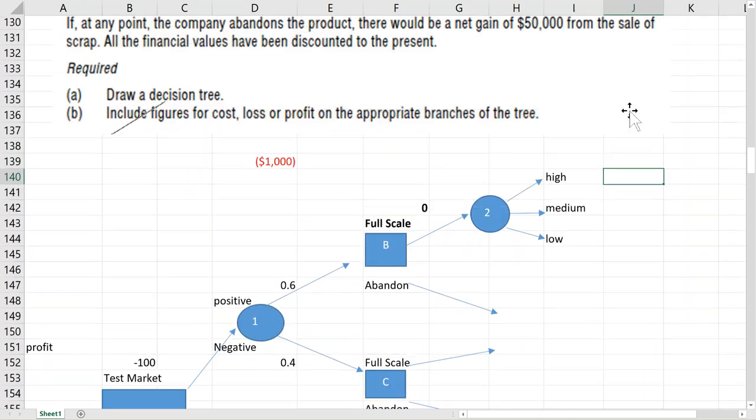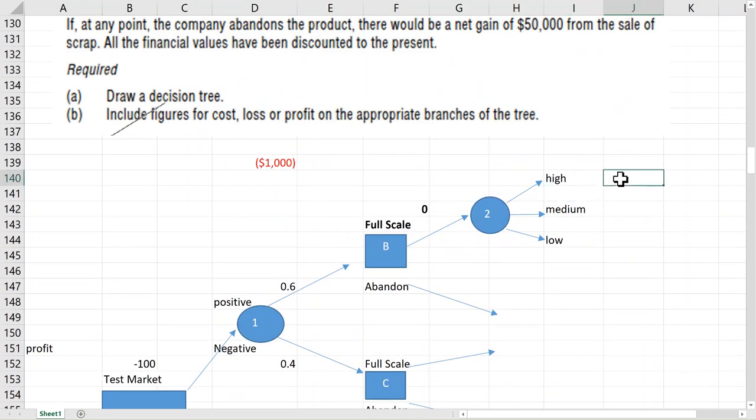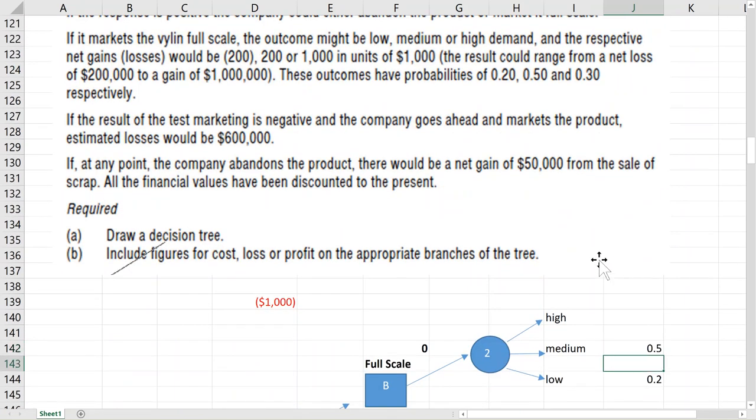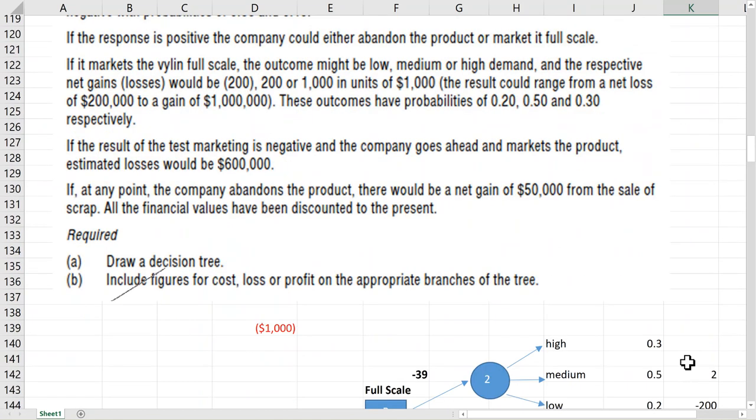So we have 20% probability, 50%, and 30%. And we could have a 200 loss here or 200 gain.